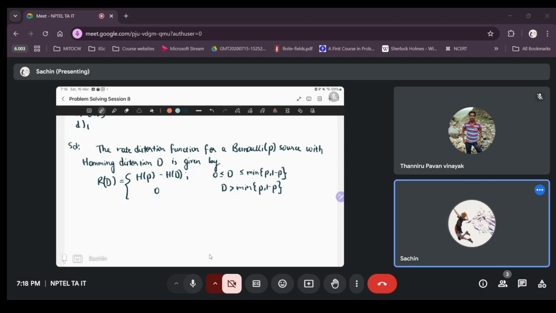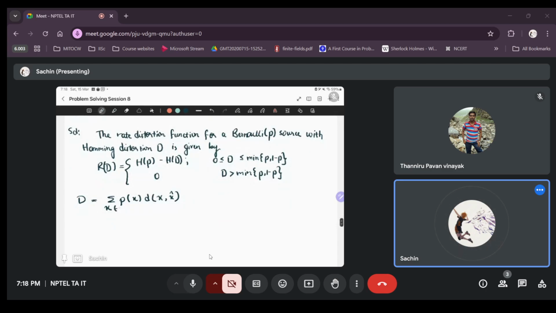I'm not sure if that was explained directly in class, but distortion is the average value over all x in script X. So for a Bernoulli random variable script X is 0, 1, and x hat in script X hat.